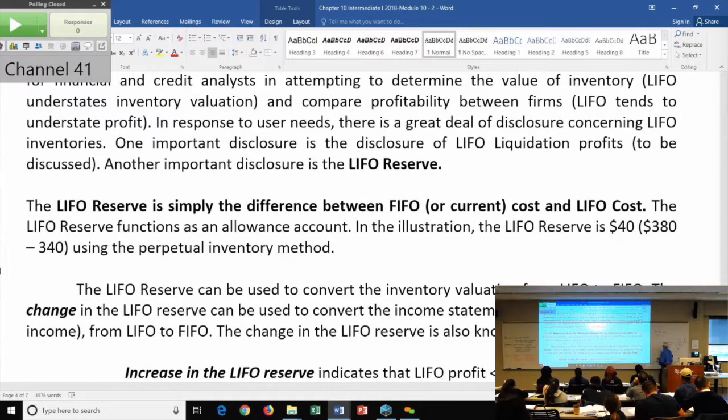So what would happen is that internally, the company would have the following. So it would have inventory, and internally they'd have FIFO. And that would be 380.